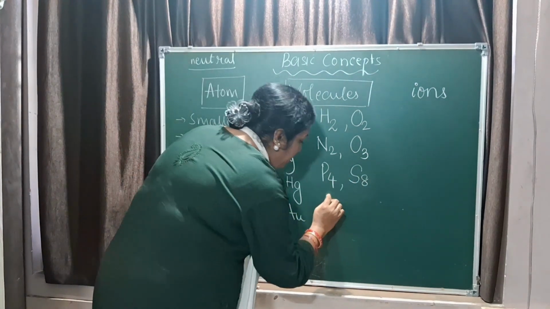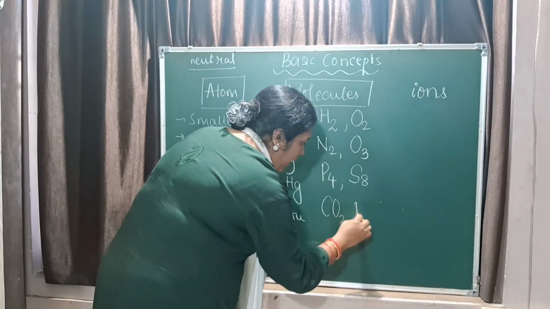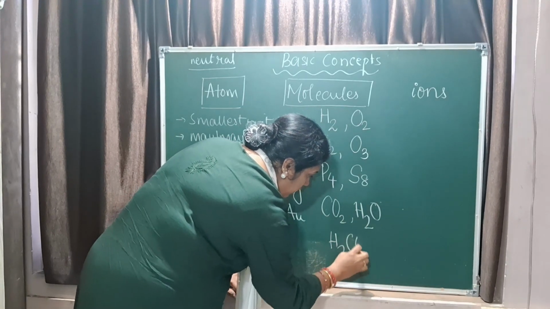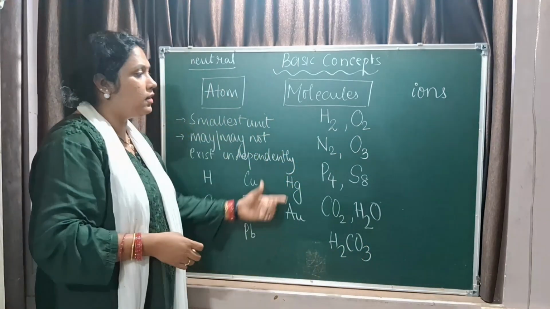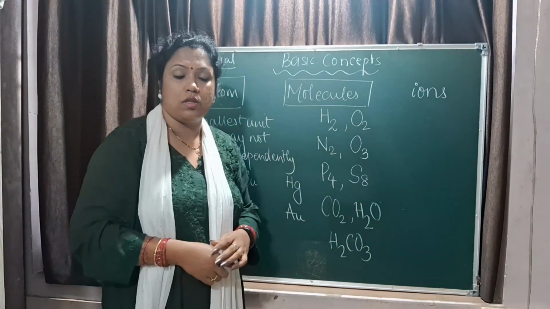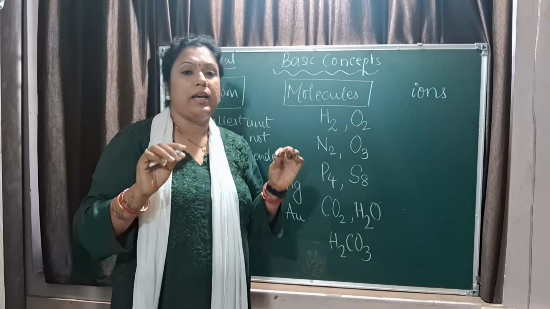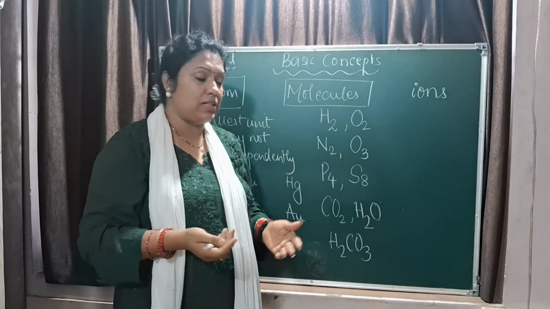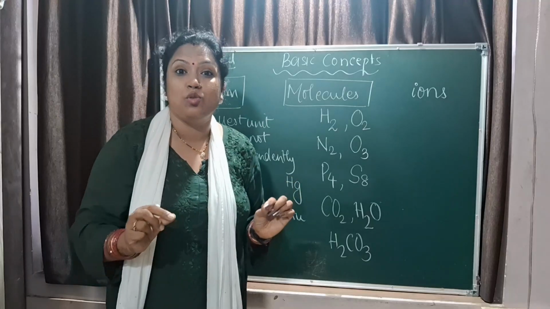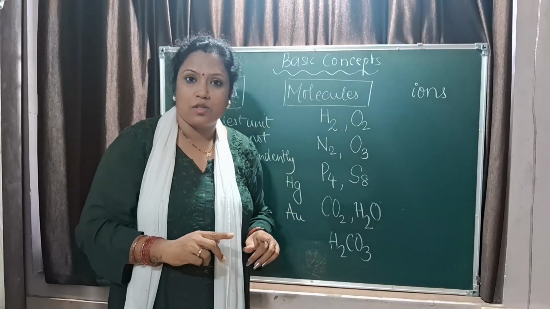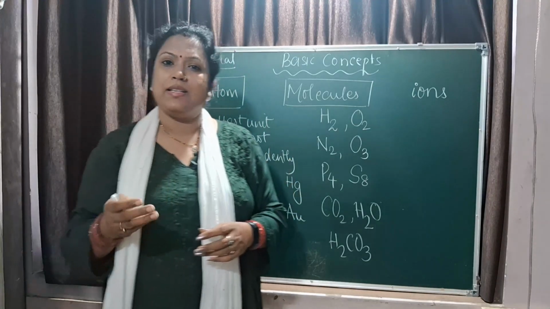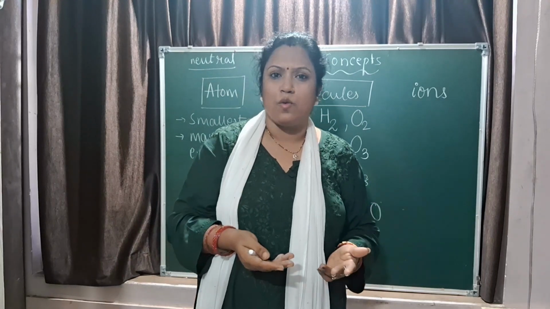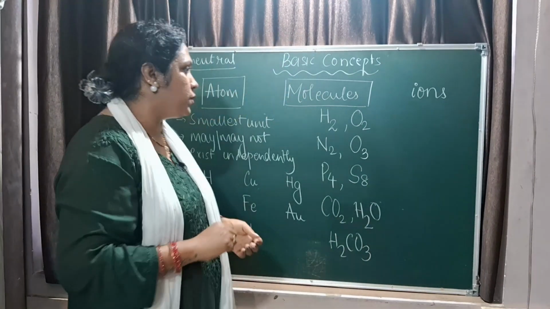Similarly, molecules of compounds like CO2, H2O, H2CO3, these are the formulas of the molecules. The molecules exist independently. Whenever a reaction happens and hydrogen gas is released, it is released as H2, not H. Understood? For example, if a metal is added to an acid, hydrogen gas is released. You cannot write H over there. You have to write H2.